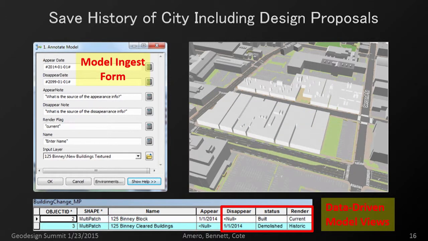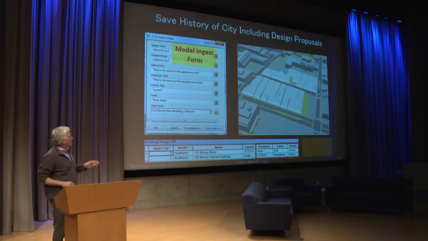And that disappear field, of course, is most important for preserving the way the city was. So when we take models away from the current condition, we don't delete them, we simply put in the disappear date so that you can roll the model back in time.